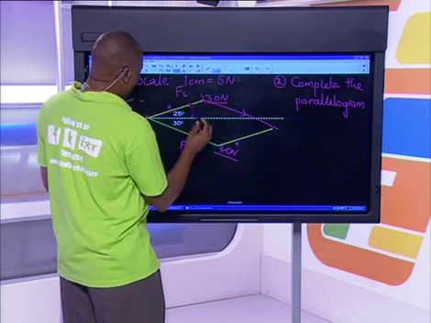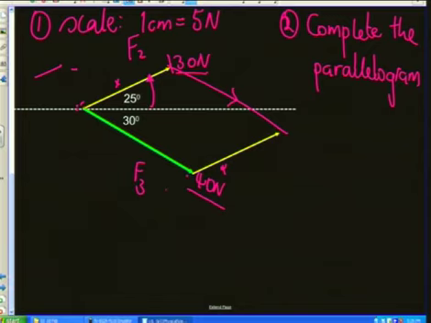Let me use a different color here. Then I would also put my protractor from there to there and put it up there and make another mark here. Where the two meet, that's where my line is going to go.